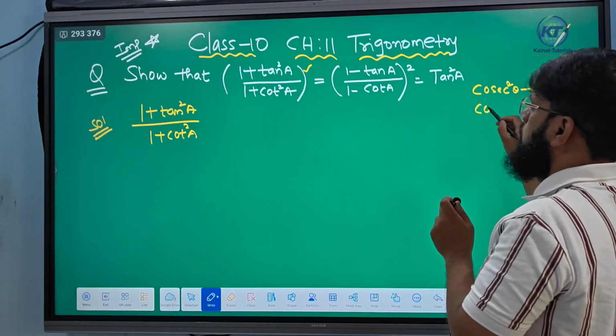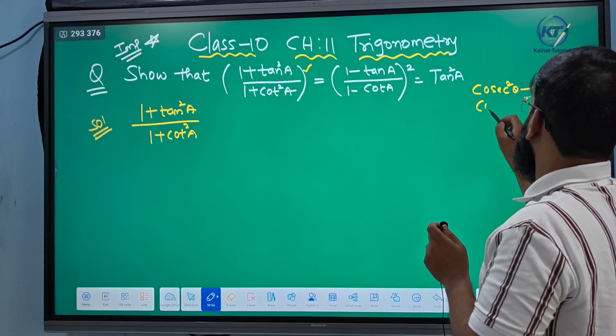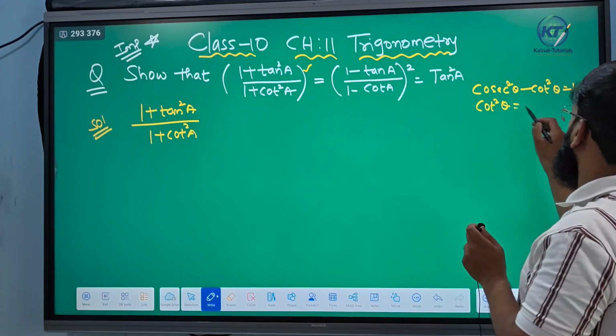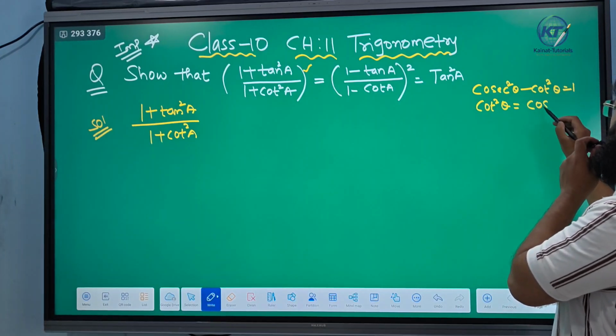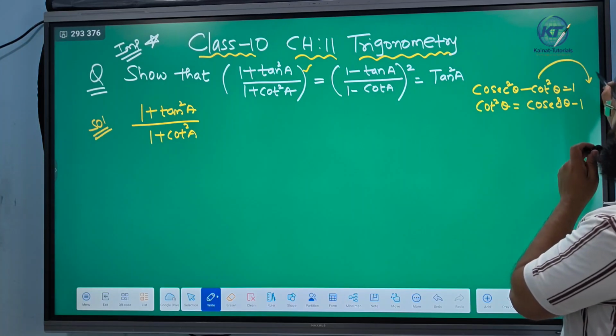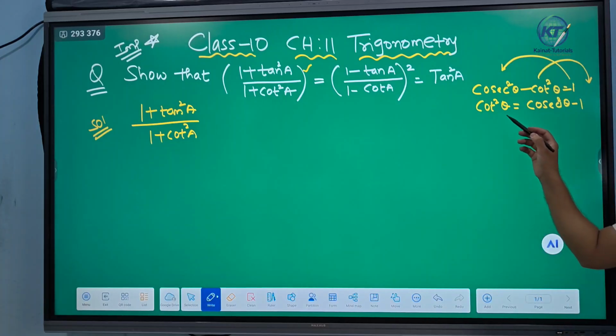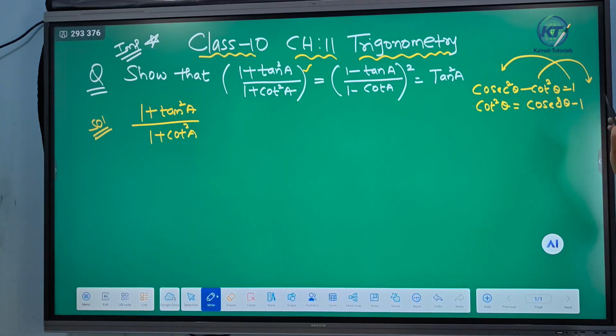From this, if you want cot square theta, you are going to get cosecant square theta minus 1. Why? Because cot square theta will come this side and 1 is going to transpose this side. You will get cot square theta is equal to cosecant square theta minus 1.